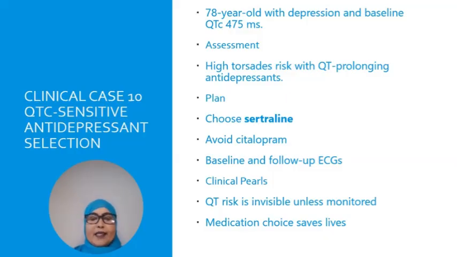So your treatment plan is to choose sertraline and avoid citalopram, because that is one of the medications that prolongs QT. The lesson to learn from this case study is that QT risk is irreversible unless monitored. Medication choice saves lives. Yes, that's true.